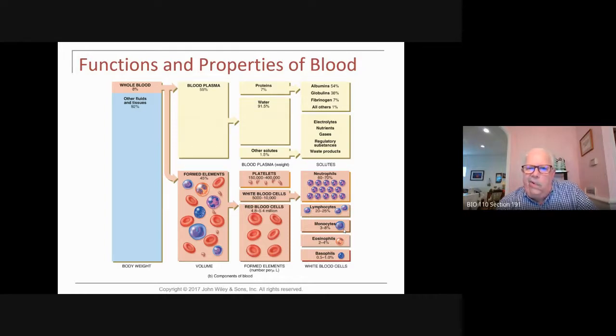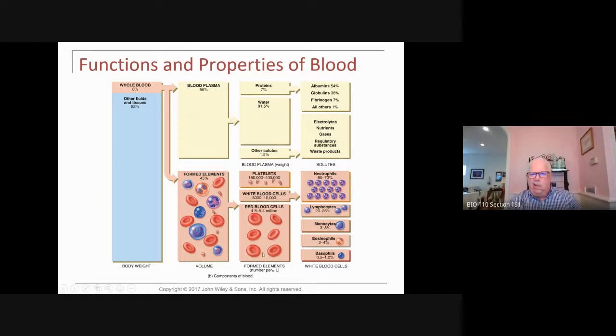Let's go down to the formed elements. 45% of your blood is formed elements: platelets, white cells, and red cells. Okay? I want you to look at the numbers in this column right here.